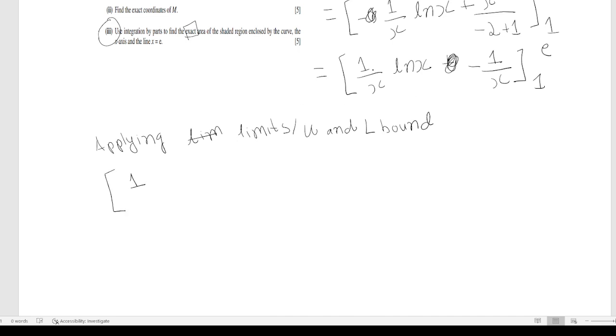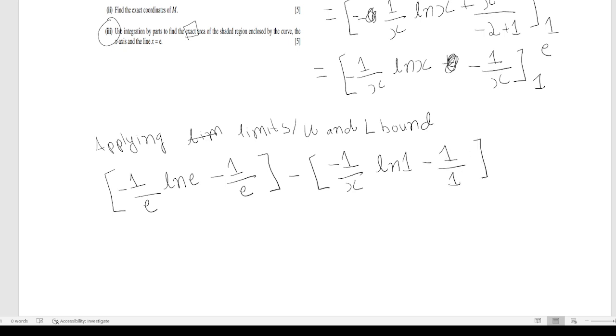Sorry, there's a negative sign over here as well which I have missed. So it's minus 1 upon e ln e minus 1 upon e, which is negative, and then we are left with minus 1 upon 1 ln 1 minus 1 upon 1.